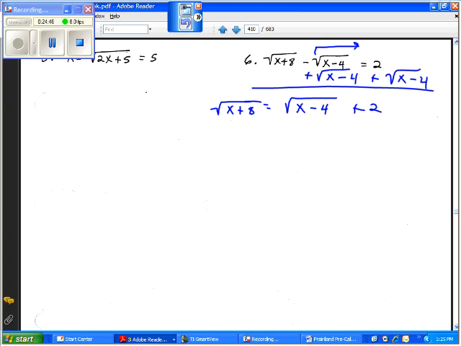So we isolate. Remember I said you isolate the or a radical in the directions. We're going to isolate a radical. And then we're going to square both sides. And it cancels here. But over here we have this.